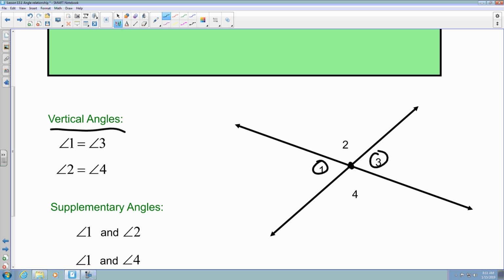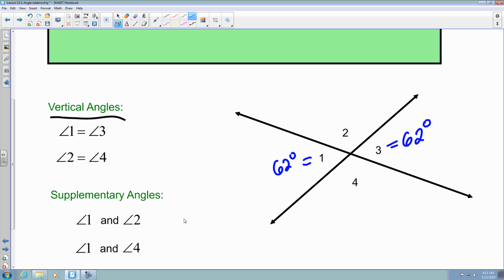Not only are they vertical, they're also equal to each other. And angle 2 and angle 4 are also vertical angles. For example, let's say we gave a value of 62 degrees for angle 3. That would mean that angle 1 would also equal 62 degrees.